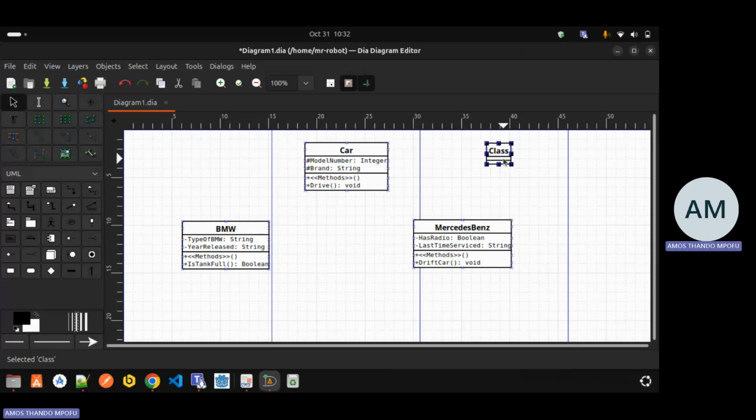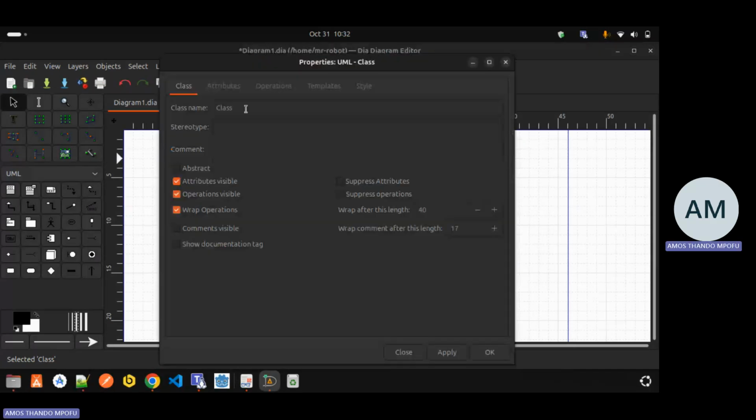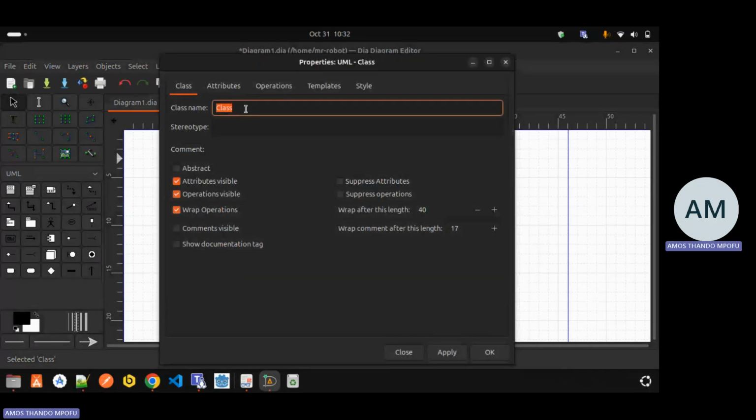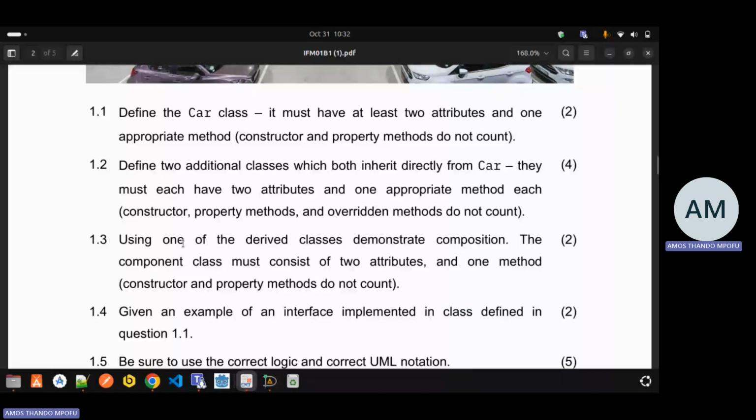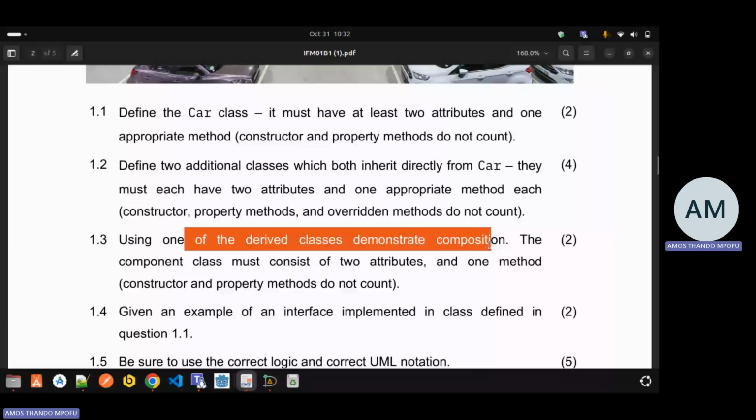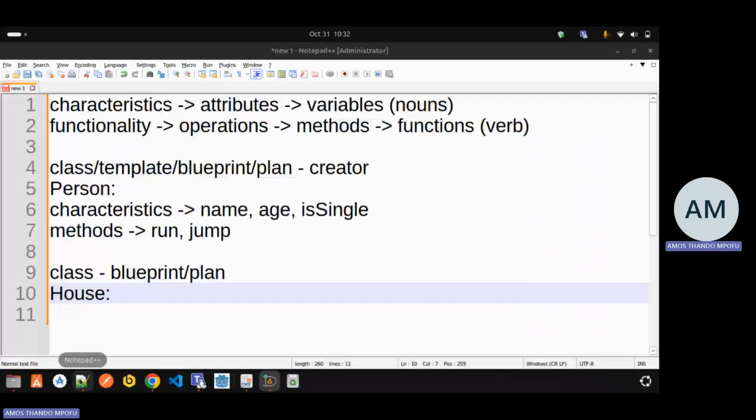So I'm gonna double click, and this class I'll call seat. Why seat? Because each car has a seat. Because remember, I need to use one of the derived classes, so one of the child classes.